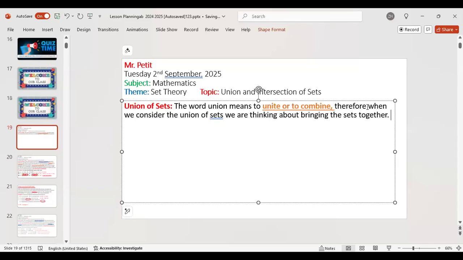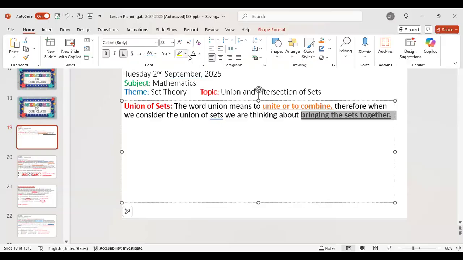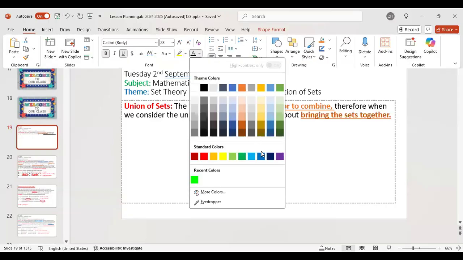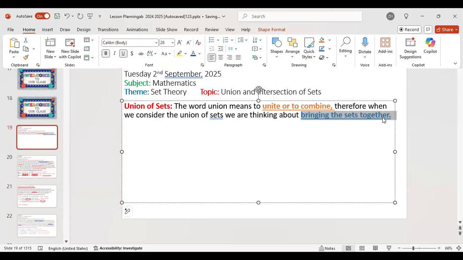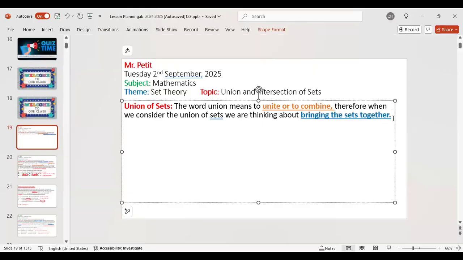That's what we mean by the union, to bring the sets together, to combine them. So we have two or more sets that we have to combine. Now, when we combine them, it's very important to note that there is no repeat. We don't tolerate any repeats, but we still combine them together.